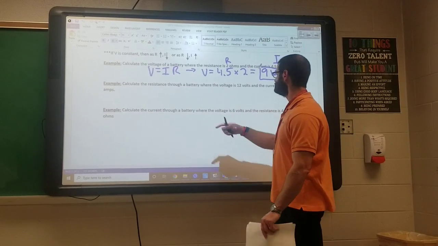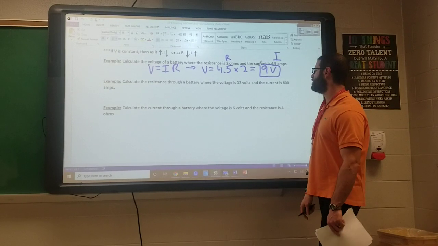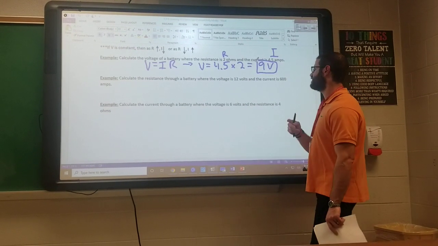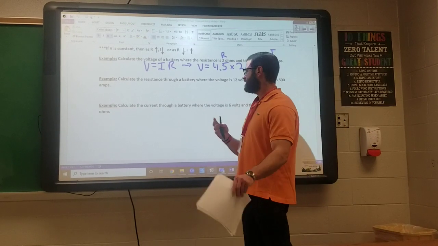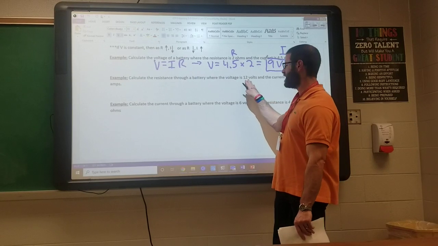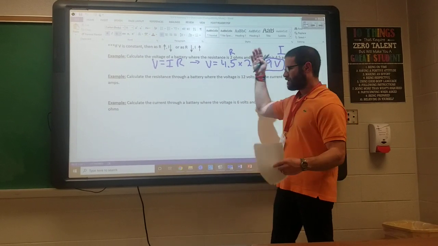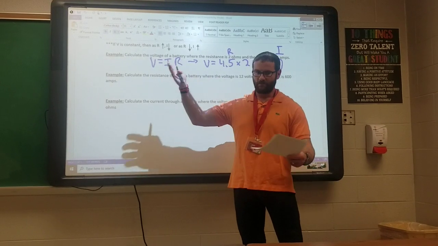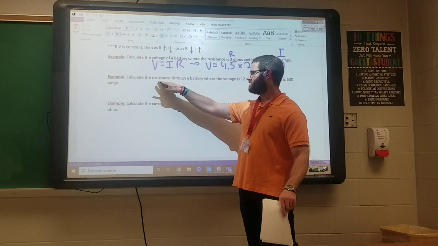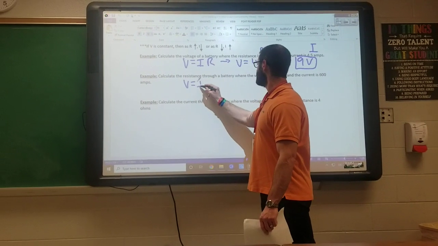Next one, calculate the resistance through a battery where the voltage is 12 volts and the current is 600 amps. This maybe relates more to a car battery. Most batteries in cars are 12 volts, and they draw a current of 600 amps, sometimes more, sometimes less. So for resistance, again, start with V equals IR.